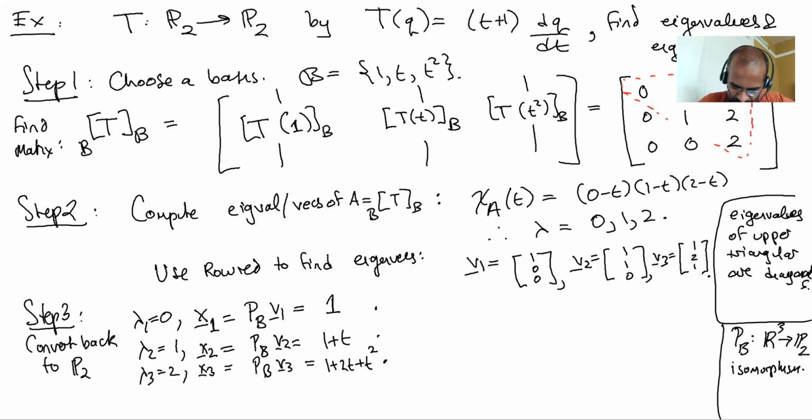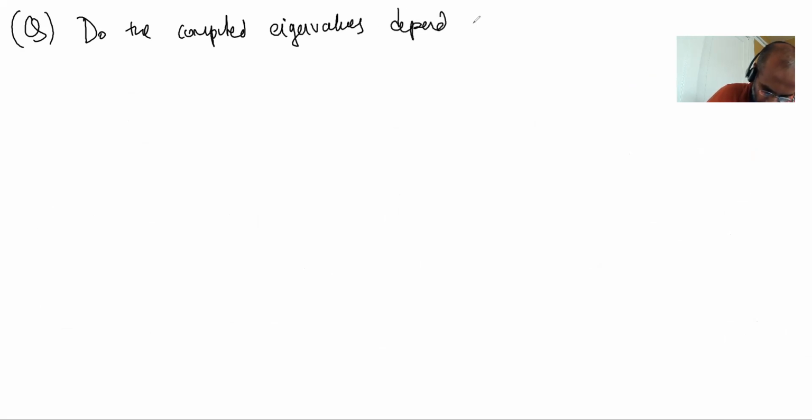And so it seems like, in principle, the eigenvalues that I get from doing this could depend on which basis I choose. So let me ask this question. Do the computed eigenvalues depend on the choice of B?